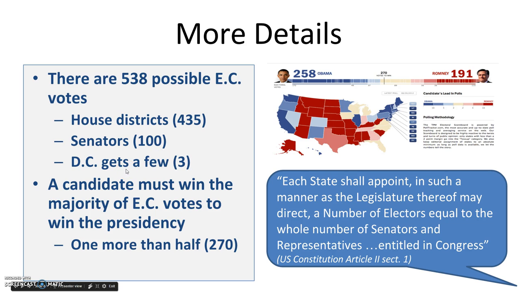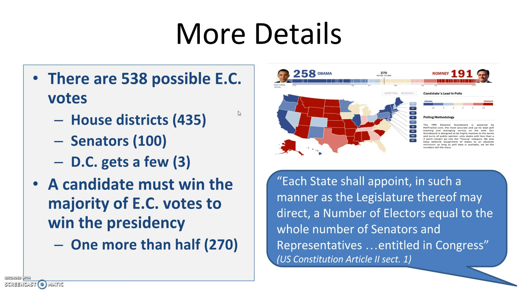Thanks to the 23rd Amendment, Washington, D.C. gets 3 Electoral College votes. Even though it does not have representation in Congress, it still gets 3 Electoral College votes. So put these numbers together and you get 538. 3 going to D.C. and 100 spread around the states because of the senators, and then the 435 votes spread across the country based on population.